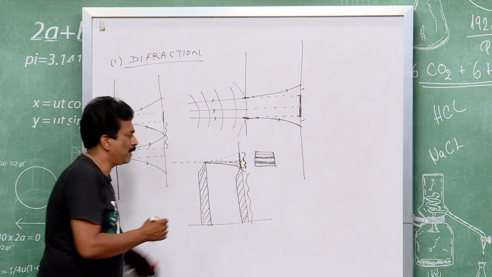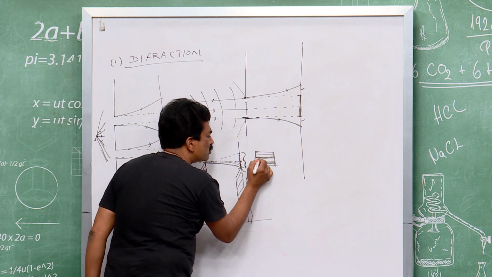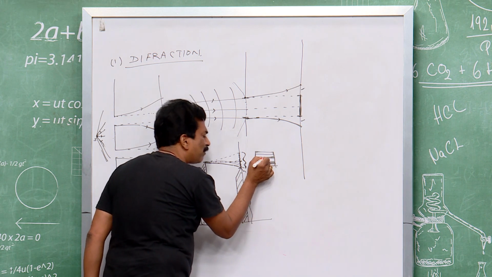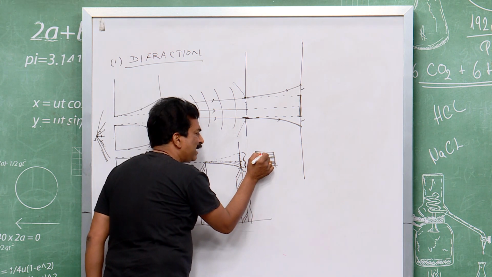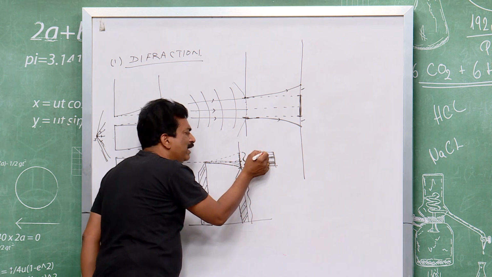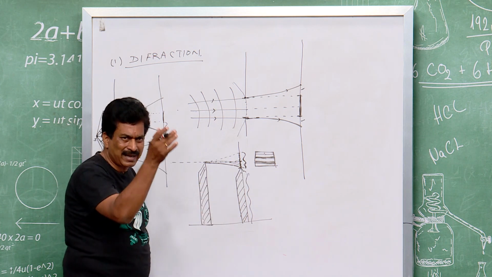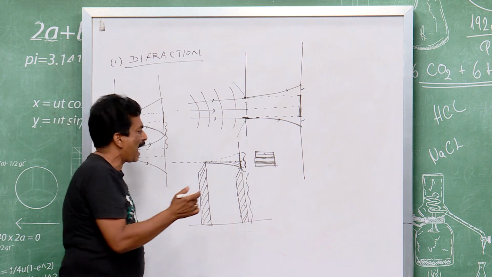Kindly go through this. The first one is of more width, the next one is less than the previous, the next one is less than the previous, and likewise as it goes up, that brightness gradually decreases.